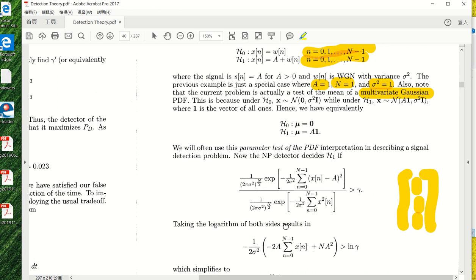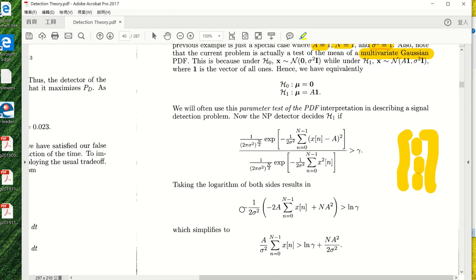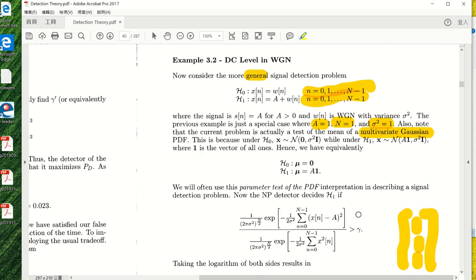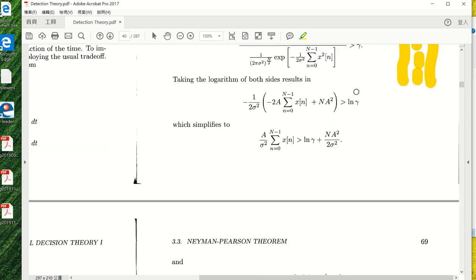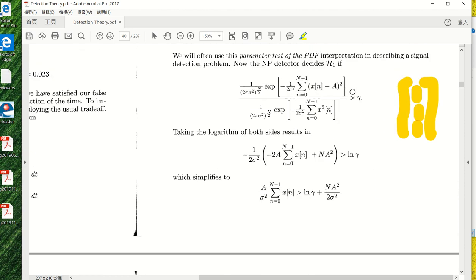Take the logarithm of both sides, which results in the log, and then the log of the exponent, and of course the log and exponent disappear. So we have this coming out, then that simplifies to this. Just to be clear, in this case we have multiple samples, 0 to 1 to N minus 1. So how many samples do we have? We have N samples.